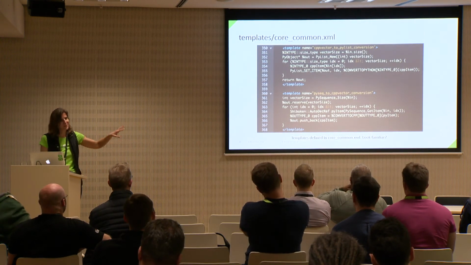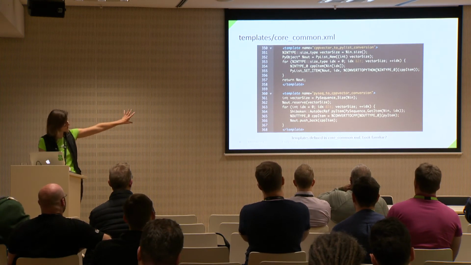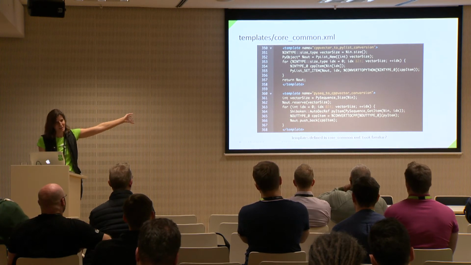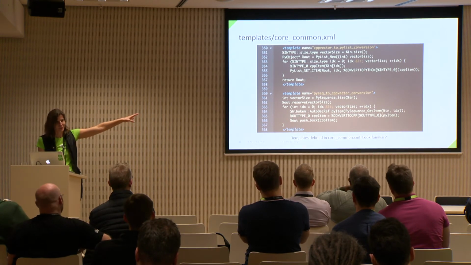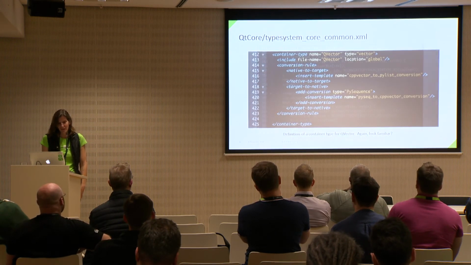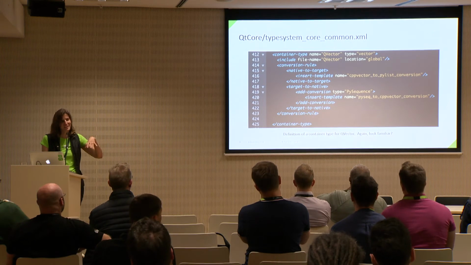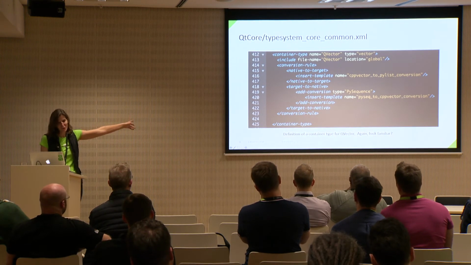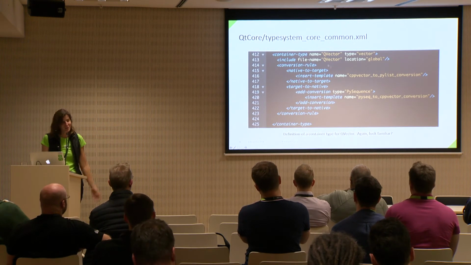Does this look familiar? This is directly from the core common templates folder, and that provided the vector to PySide sequence conversion and vice versa. And I even grabbed the container type from Qt core, typesystem_core. Does this look familiar?